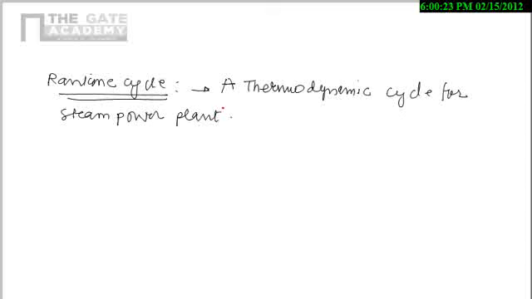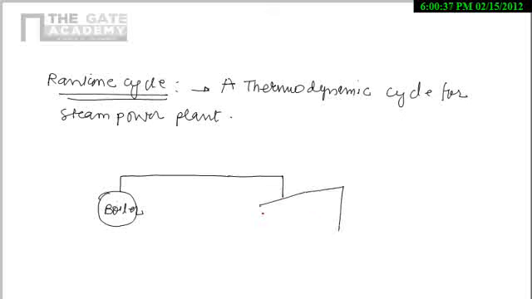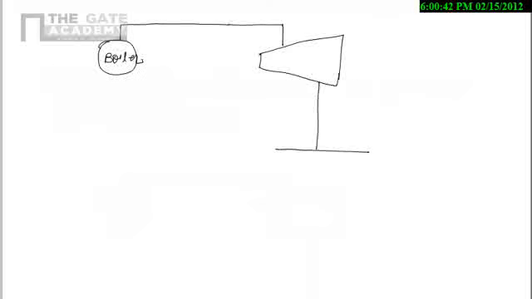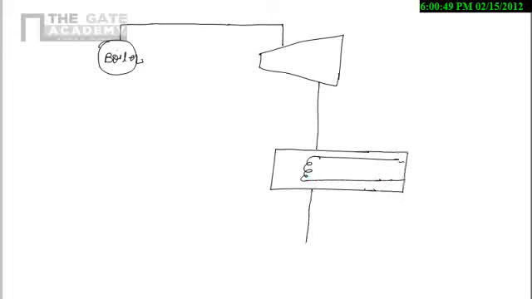Again I will quickly draw the block diagram for the simple steam plant. Here we have the boiler, then the turbine, the condenser, and then the pump, and again it reaches the boiler.